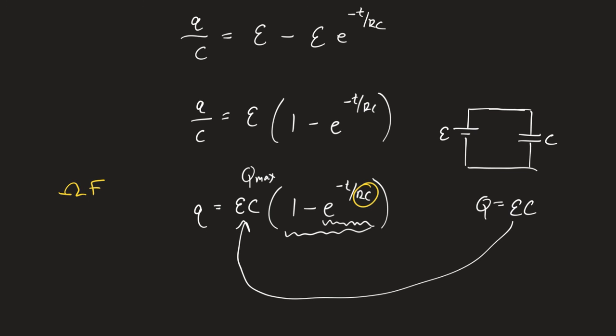So this has to be seconds divided by seconds. You should try it, because you've seen what ohm and farad are when it comes to their units. They're a mess. They're a nightmare. And it almost cancels out to leave me with seconds. I'll leave that to you, because I think I've done enough algebra for the day.